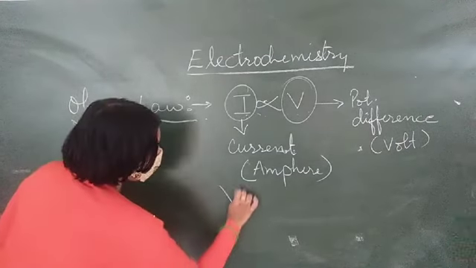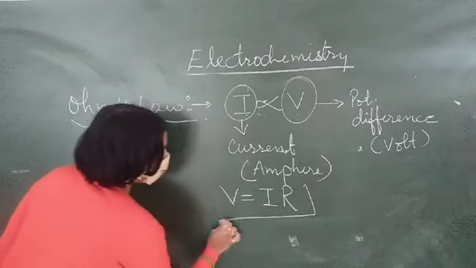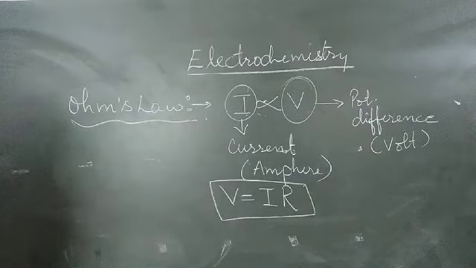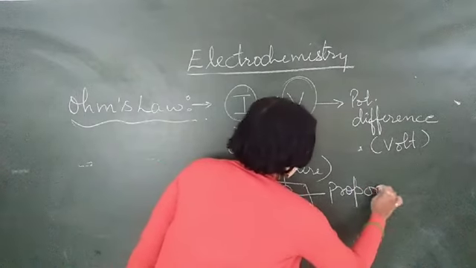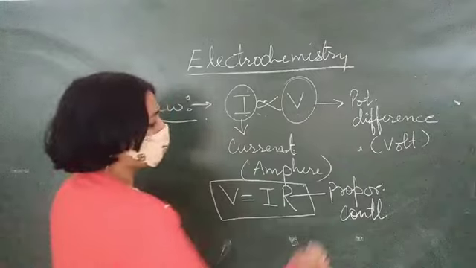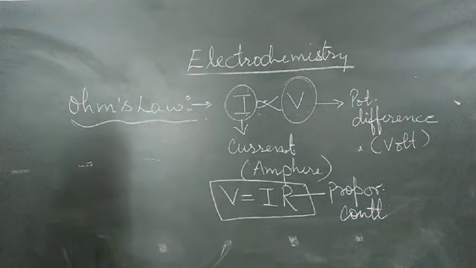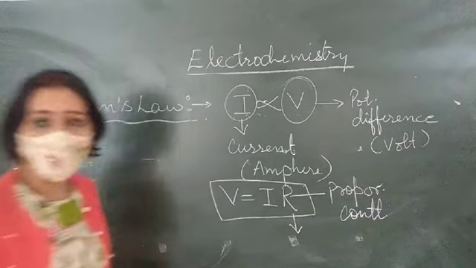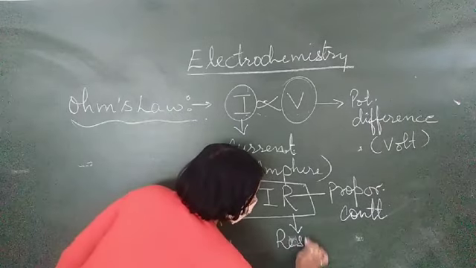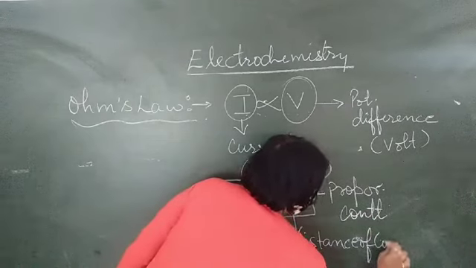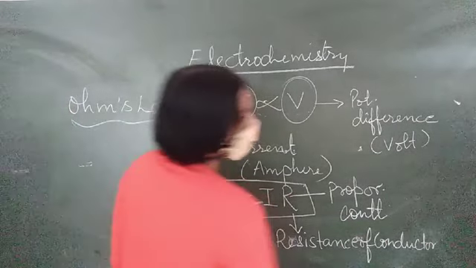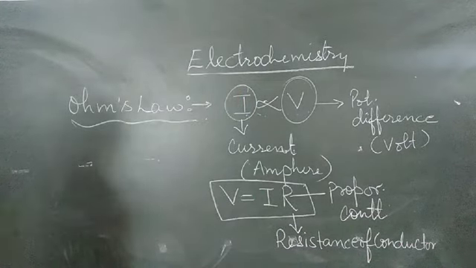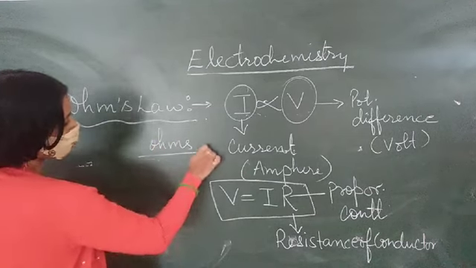And we can say that V is equal to IR, where R is the proportionality constant and it is known as the resistance of the conductor.